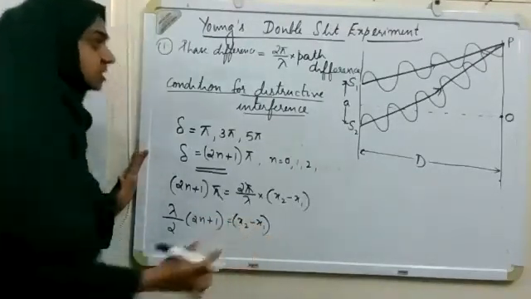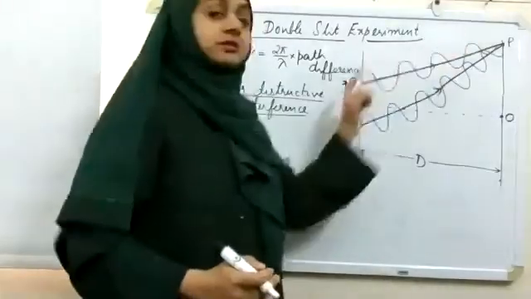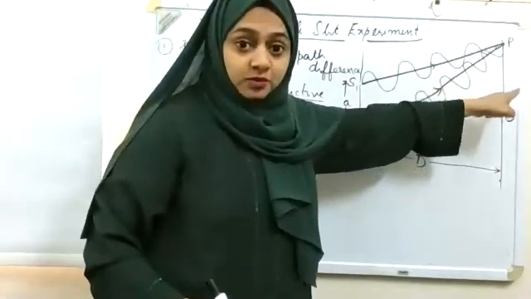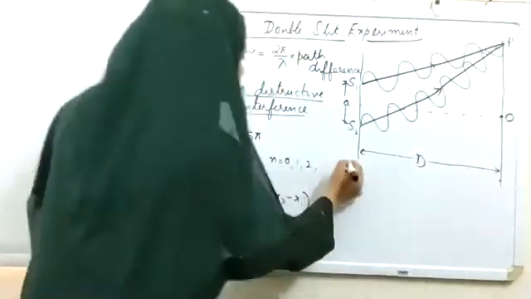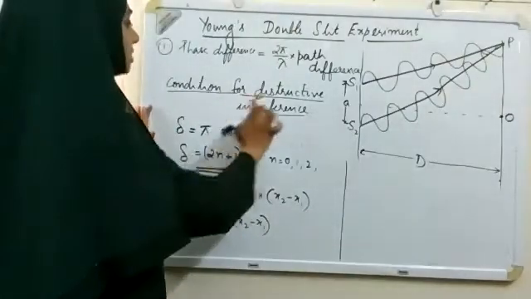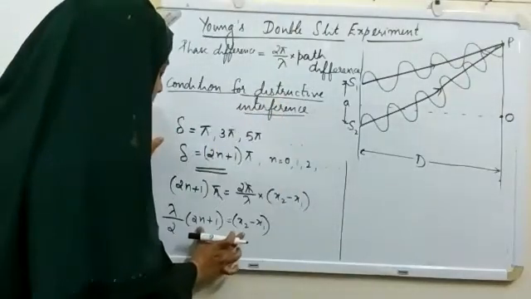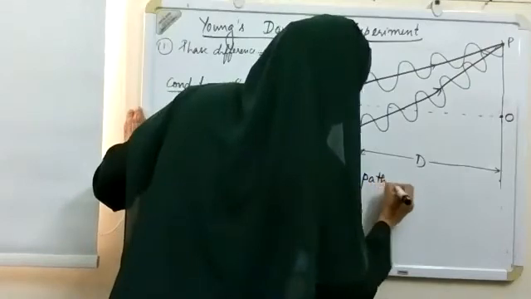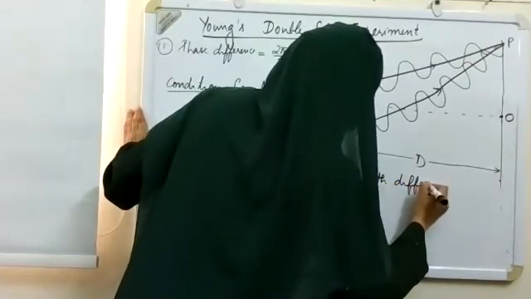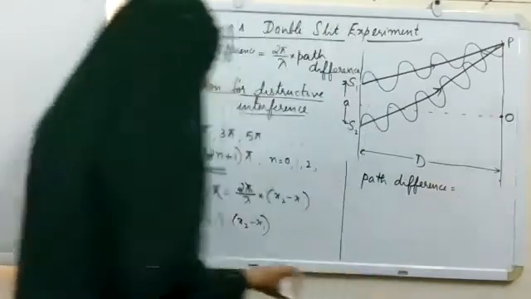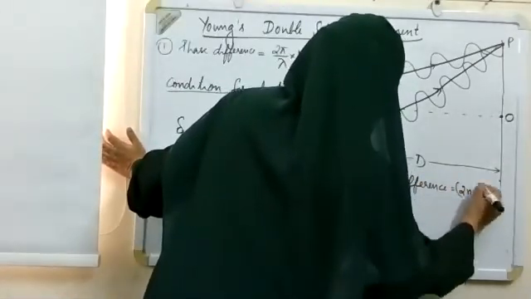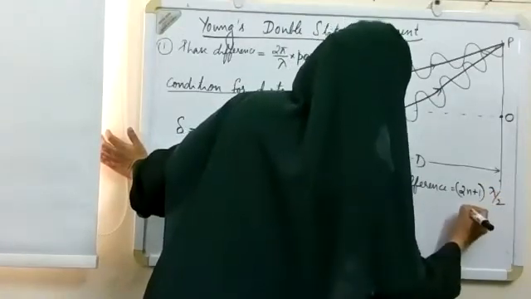What is x2 minus x1? That is the path difference, that is S2P minus S1P, right? So the condition for destructive interference in terms of path difference is that the path difference is equal to 2n plus 1 times lambda by 2.